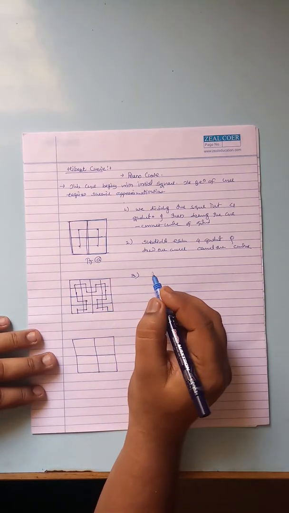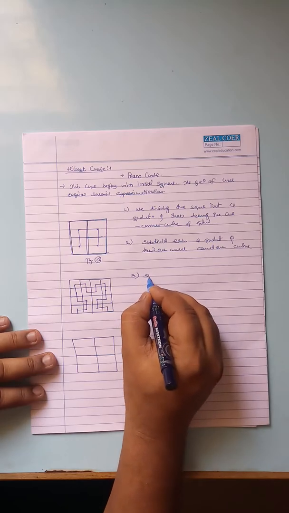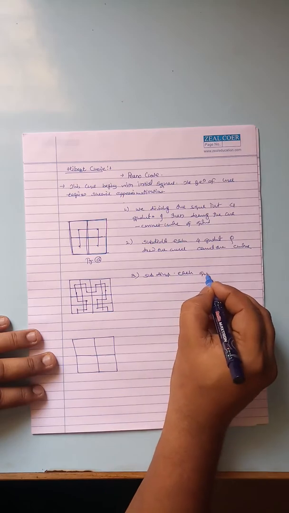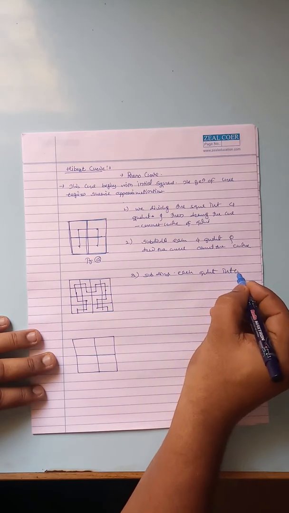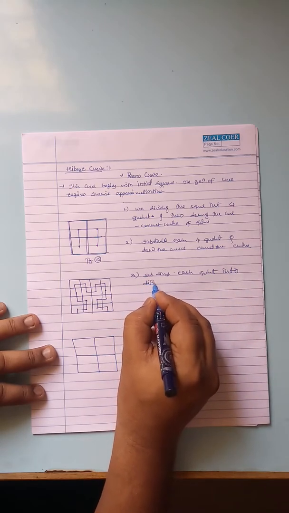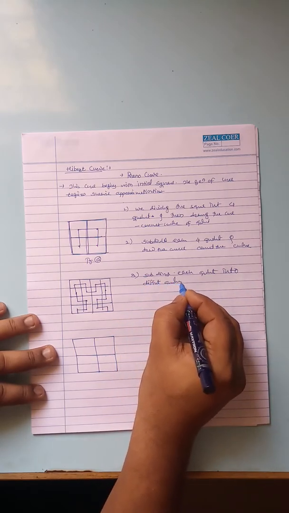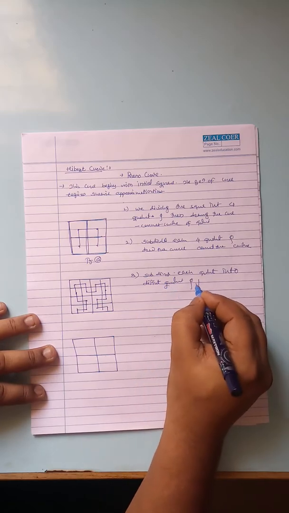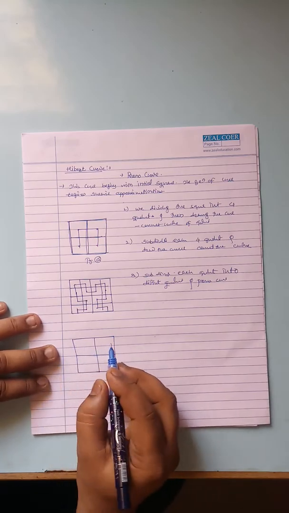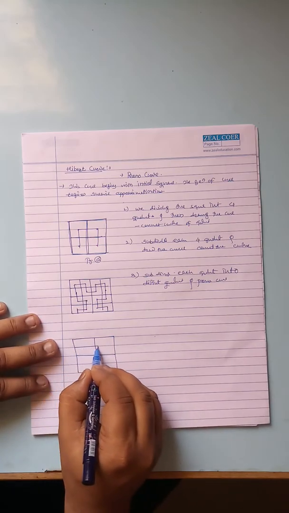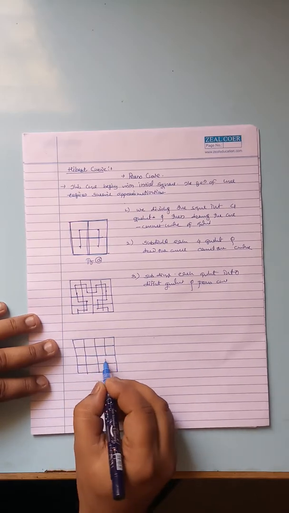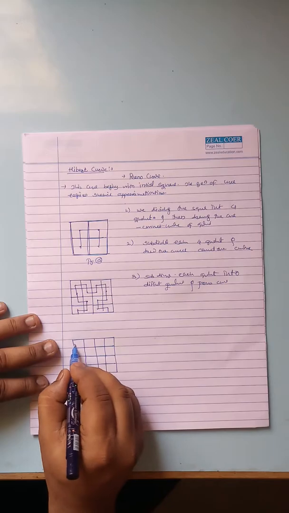In the third approximation, again we subdivide each quadrant into four different quadrants, and the process continues. So here we consider like this one. Here these are our four quadrants. Again these four quadrants are divided into four different parts like this one.